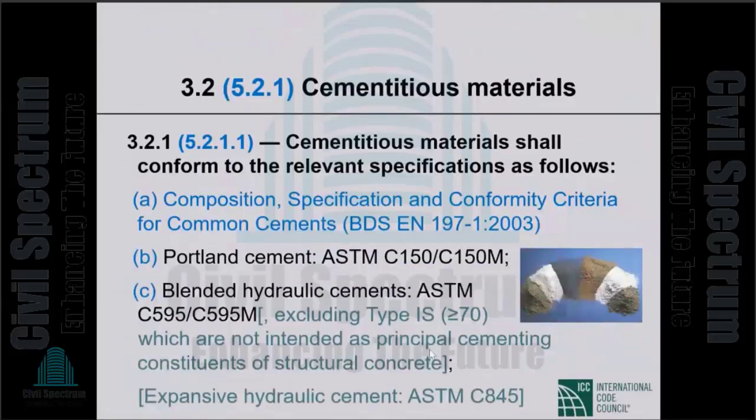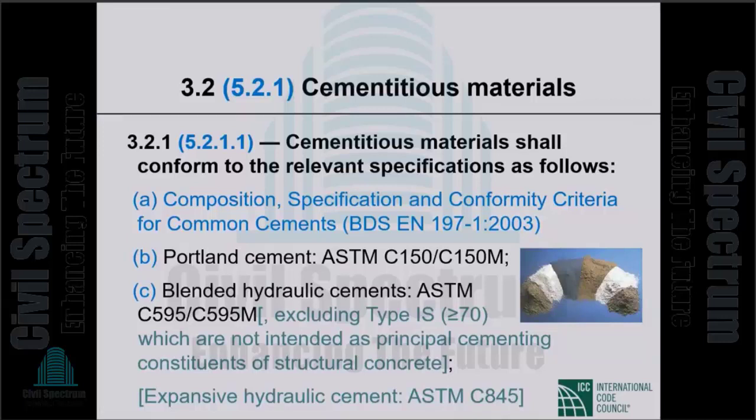Now, to go back for a second, as I said, basically all cement sold is BDS 197-1, but it is tested for compliance with ASTM C150. And when tested, BDS 197-1 cement is found to comply with ASTM C150. That's pretty much the situation as I understand it.